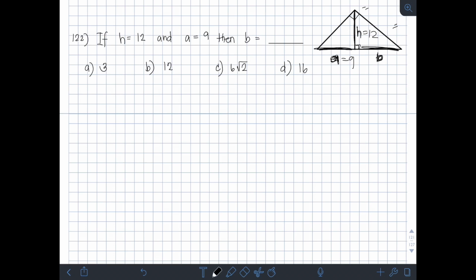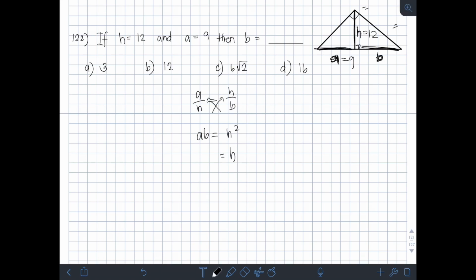So, ano yon? Yung altitude to the hypotenuse is yung magiging geometric mean between the segments into which it separates the hypotenuse. So, in terms of variable h, a, and b na lang gagamitin ko: a over h is equal to h over b. Or cross multiplication, ab is equal to h squared.